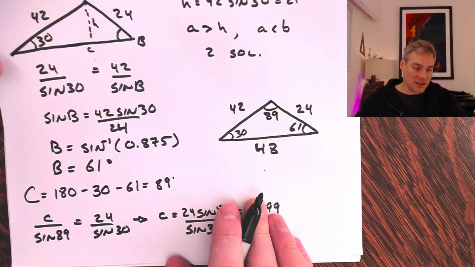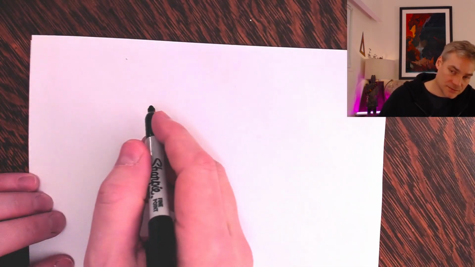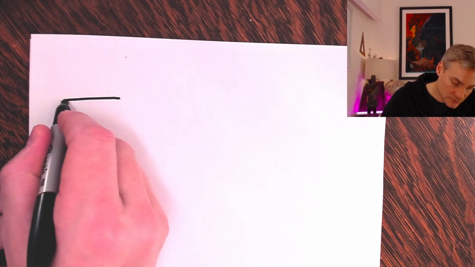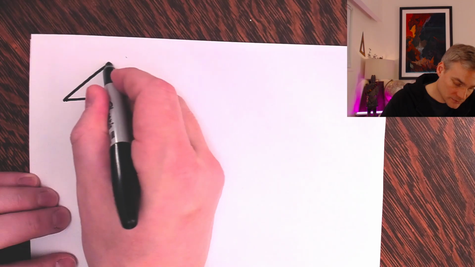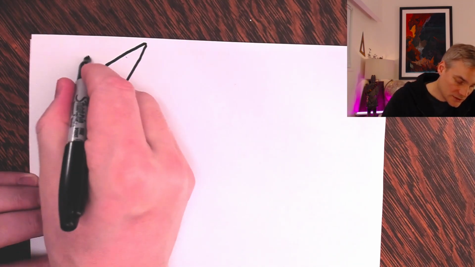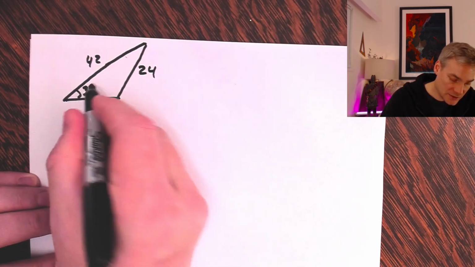So we're going to draw the same triangle again. All right, I can't seem to get the page. So what we had was, so this is 42, that's 24, and this is 30 degrees.